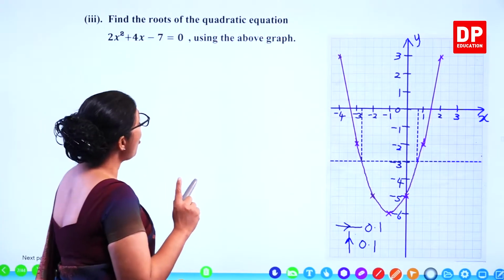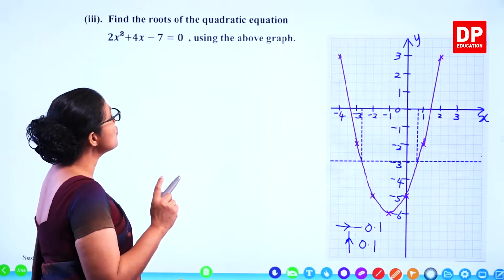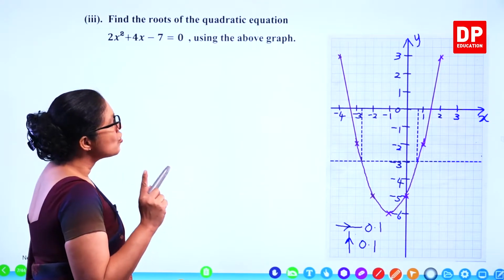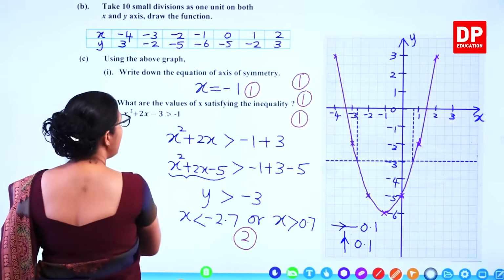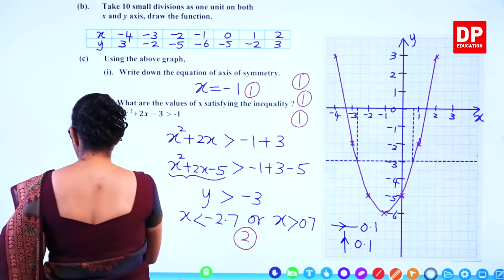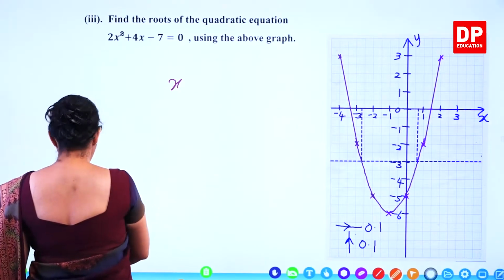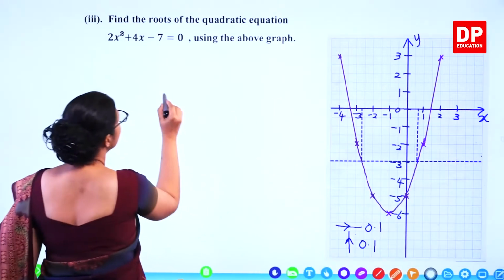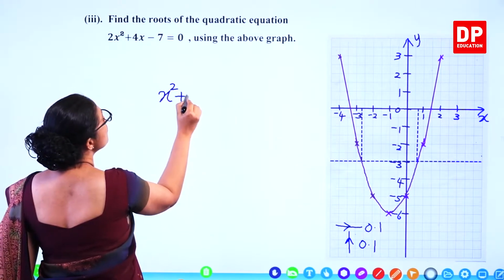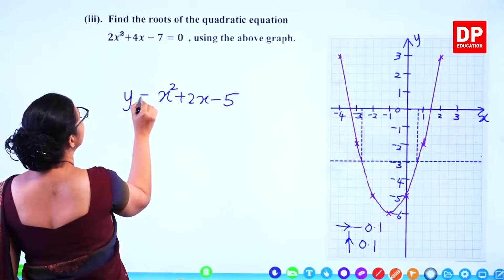Find the roots of the quadratic equation 2x squared plus 4x minus 7 is equal to 0 using the above graph. So what's the equation of this graph? So that's x squared plus 2x minus 5. I'll take x squared plus 2x minus 5 as the y value.